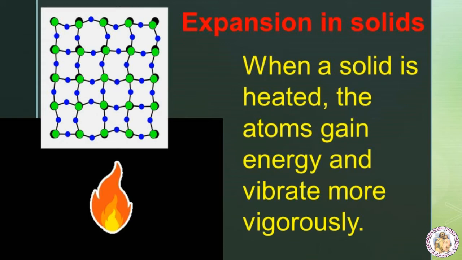These constituent particles of solids cannot move from their position, they can only vibrate about their mean position. That is the rigid nature of solids. The different types of expansion of solids are linear expansion, superficial expansion, and cubical expansion. Let's see what is linear expansion.